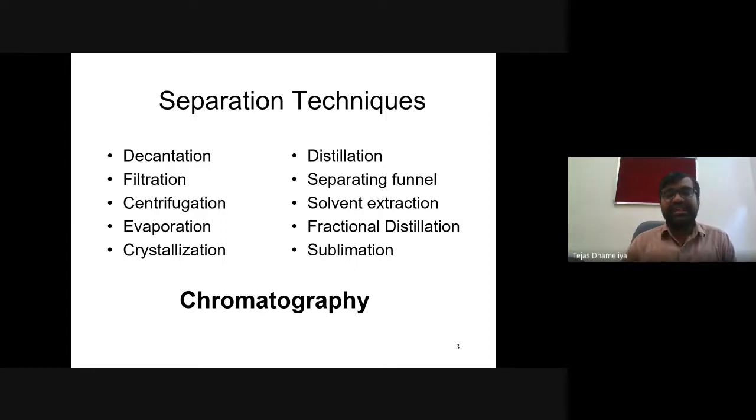Okay. Crystallization. This is another separation technique. Majorly, chemistry people are doing crystallization because they are trying to crystallize the compound by dissolving it in hot water or hot ethanol. So they increase the temperature a little, then reduce the temperature. Once they reduce the temperature, they will get crystals, and these crystals are considered a pure form.